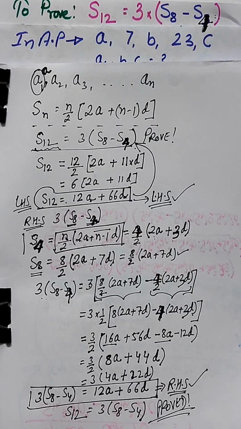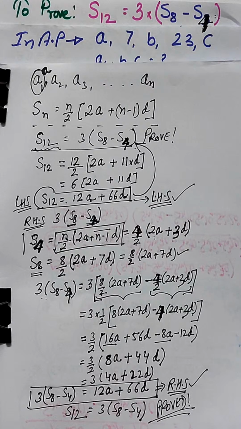What we did in this question, we have proved that whatever the value of S12, that is equal to 3 times S8 minus S4. But mind it, don't go into solving this question and getting the value, but you need to think how to prove it. So we have derived the value of S12 in the form of A and D, right?